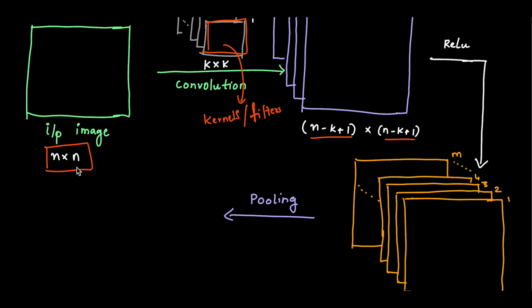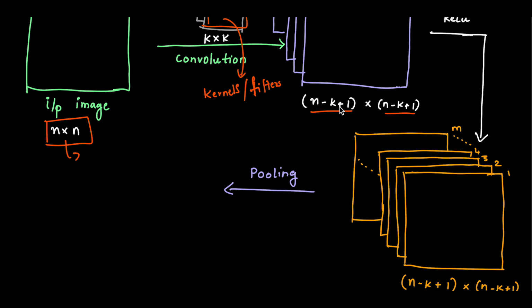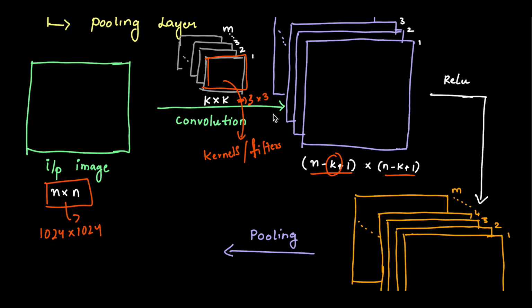But if we carefully observe, the actual size is n, and it is reduced to n minus k plus 1, and this k is not significant when compared to n. Let's say n can be something like 1024 cross 1024, whereas k can be very small, like 3 cross 3. So if you carefully see, this is not reducing the size. Also, if we have more kernels or filters, then it will even increase with the help of the third dimension, m.